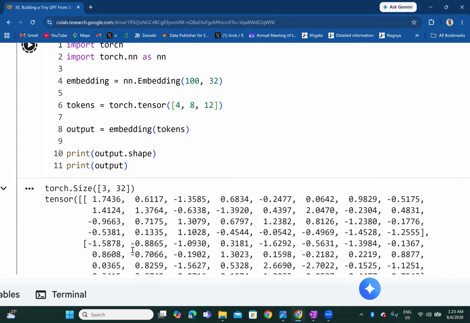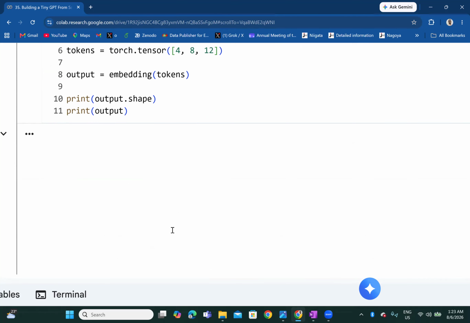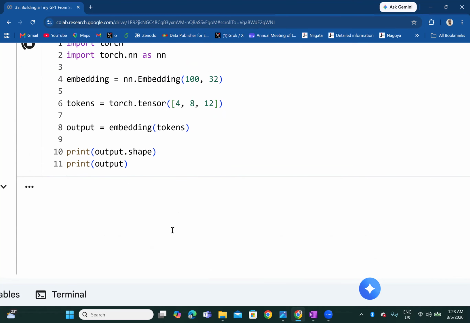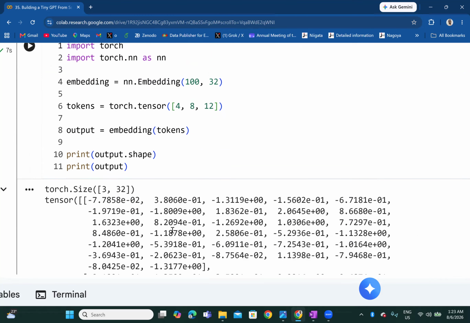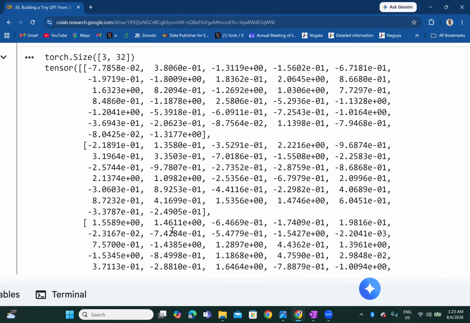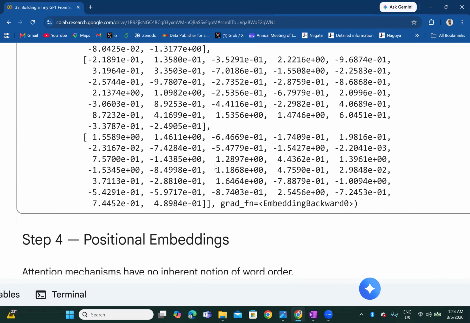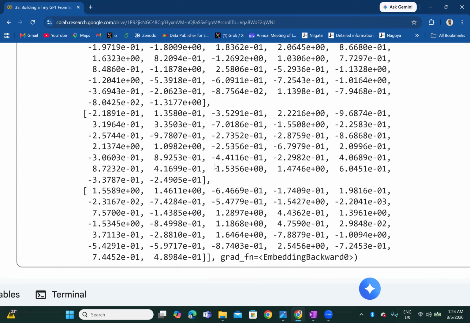And then you end up having the outputs like that, giving you the embedding of the tokens you have here. So this is 3 by 32, right? It means that this first set from here to here is one, then you have two, three, and it goes all the way down like that.